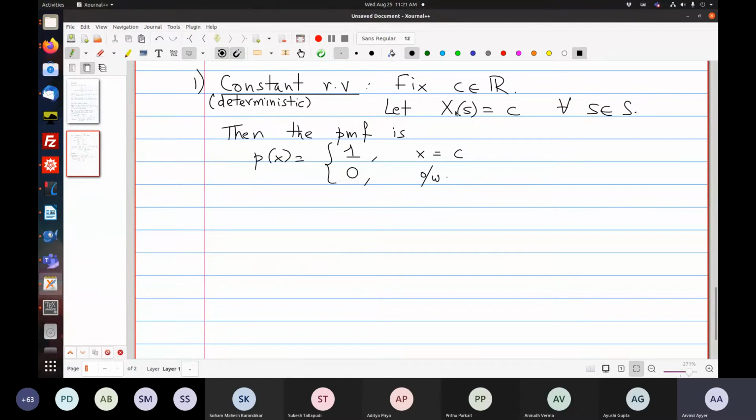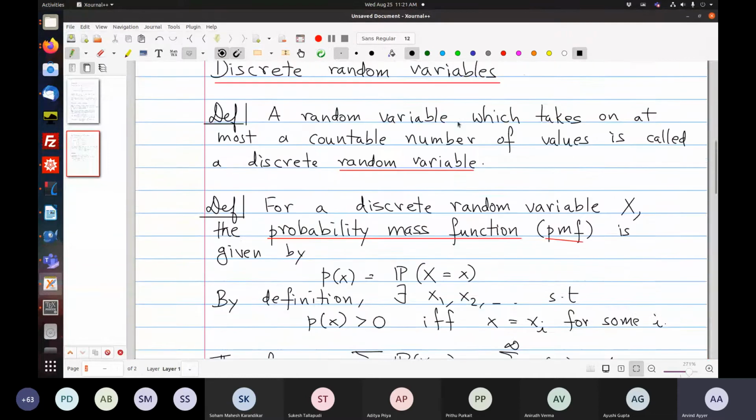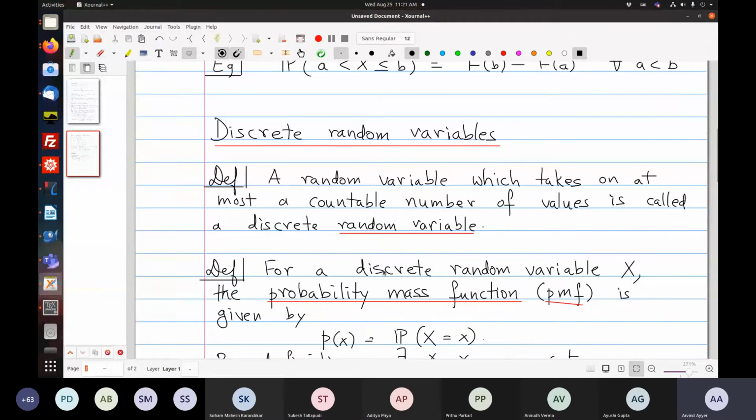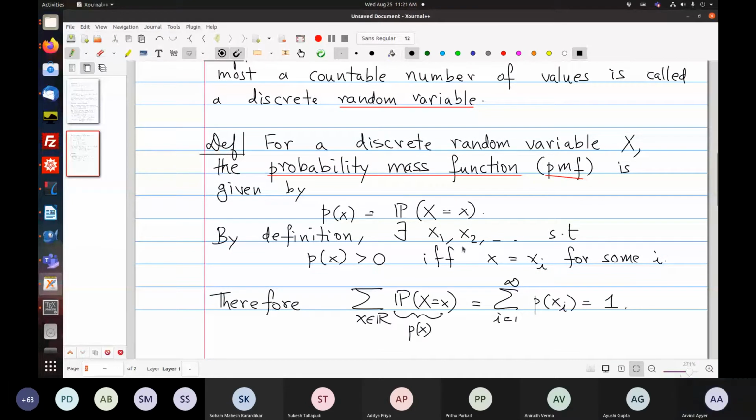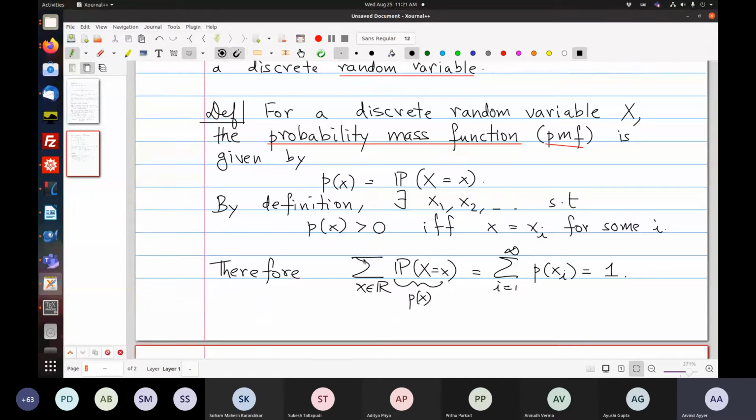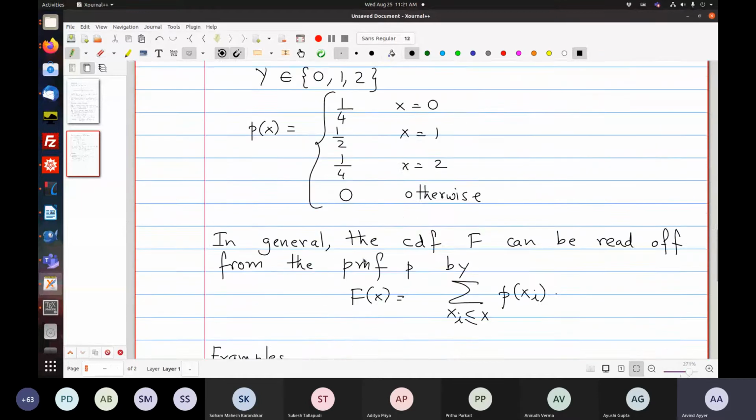So it's a discrete random variable because it lives on only one point, which is C. It does not take any other value. So there's exactly one x where this condition is satisfied, and that's x equal to C. And now what is the probability there?